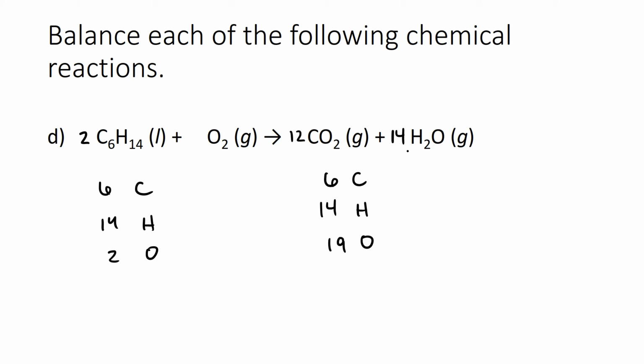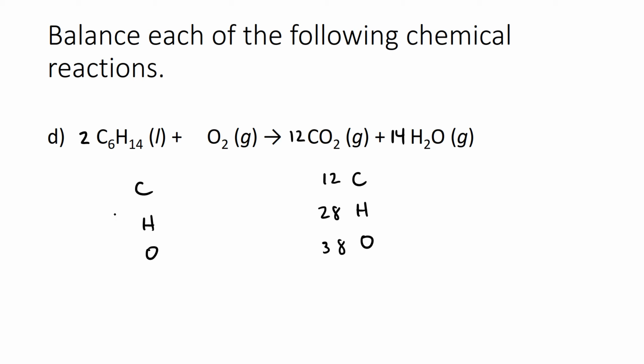You'll see that everything will end up being even, and we can go ahead and balance oxygens at the end. So now I have 28 hydrogens, we have 12 carbons, and we have 24 plus 14, 38 oxygens on the right.